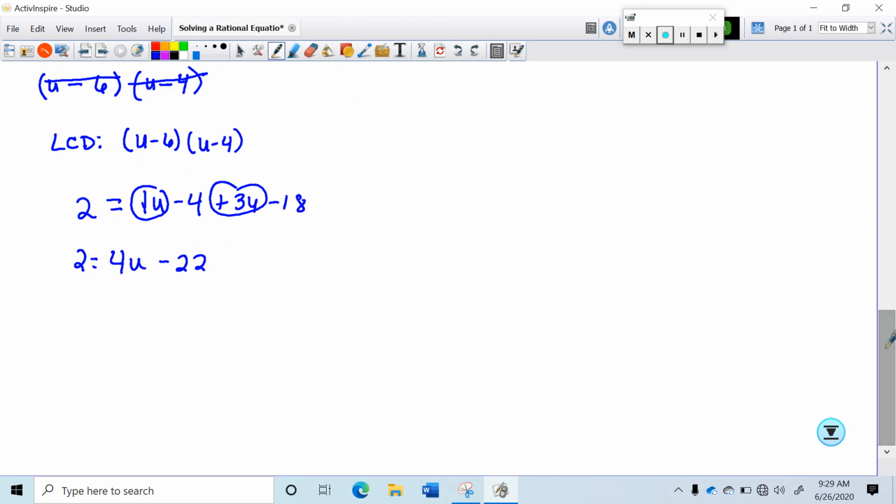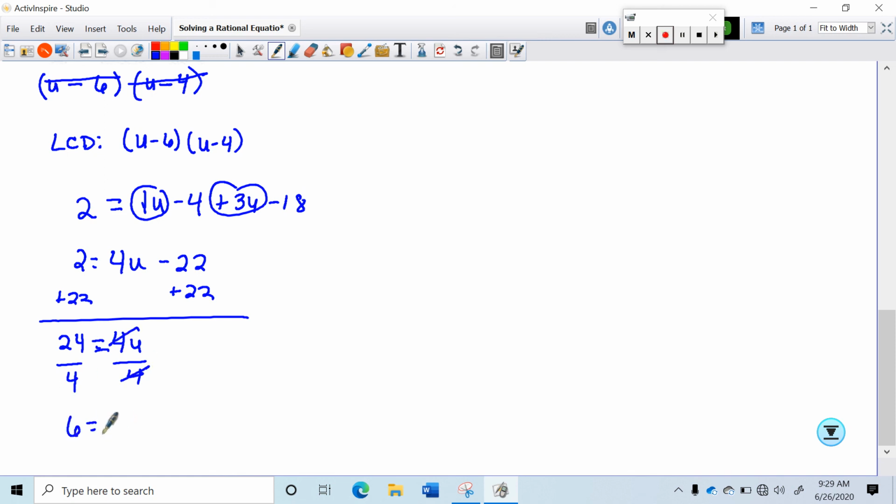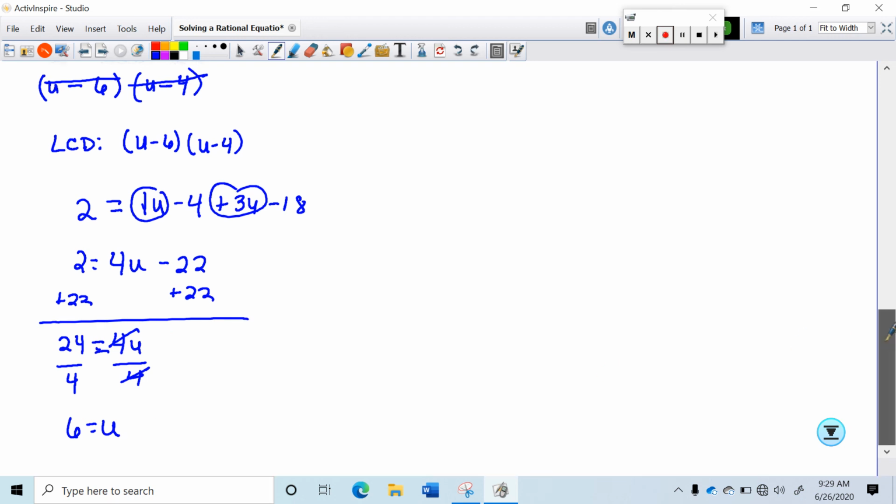So, I'm going to add 22 to both sides. 24 equals 4u. 4 times u, the opposite of times is divide, so divide both sides by 4. 24 divided by 4 is 6, equals u.